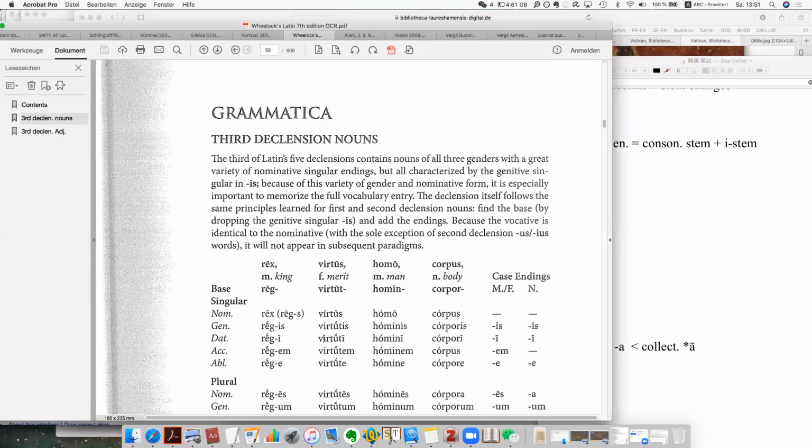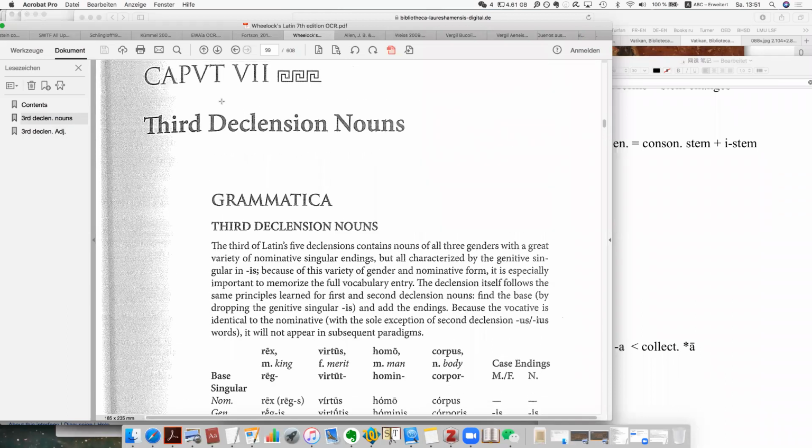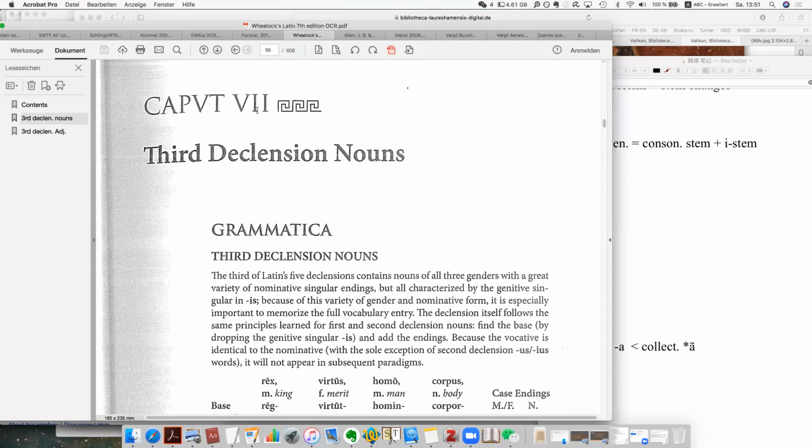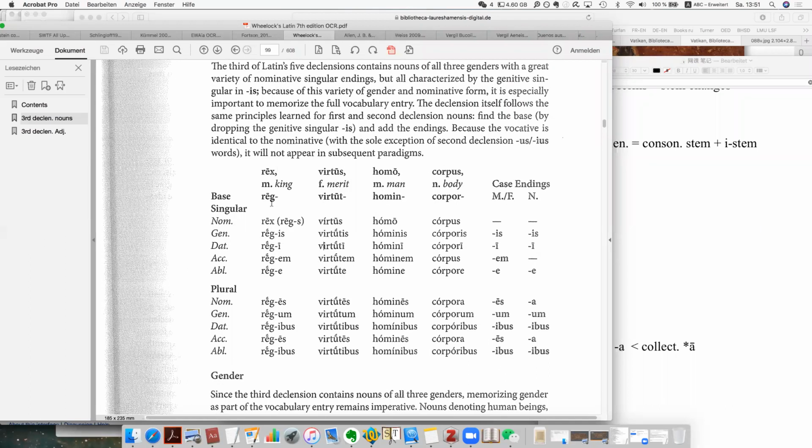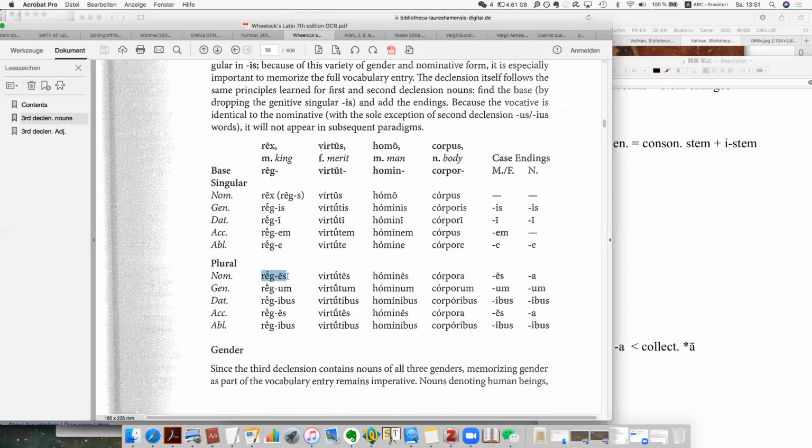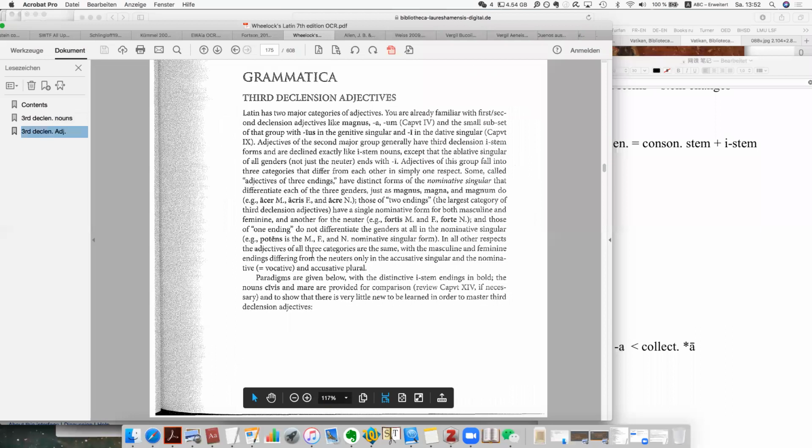I think it's chapter 7, about third declension nouns, and for the plural you find leges, and for the accusative, it's also leges. And for the man word, homines, and accusative also homines. It's also the same.